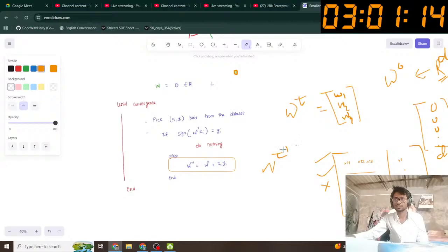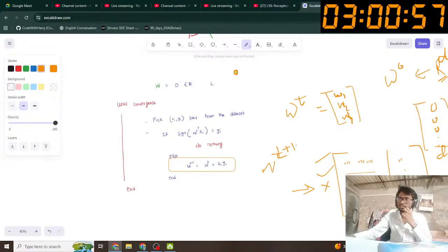So what I am trying to say is that after you figure out that we got a new wt plus 1 here, and we will further move on, and the wt plus 1 makes no mistake in this portion too.